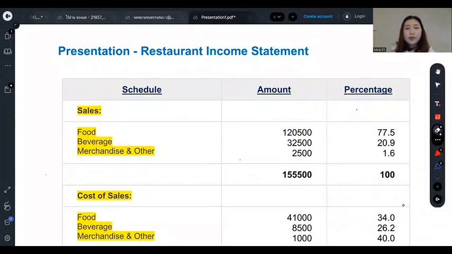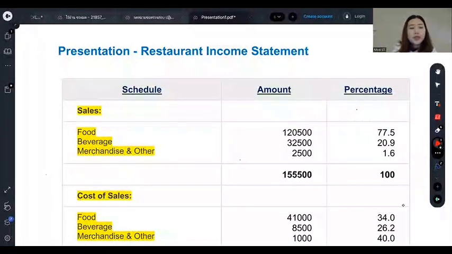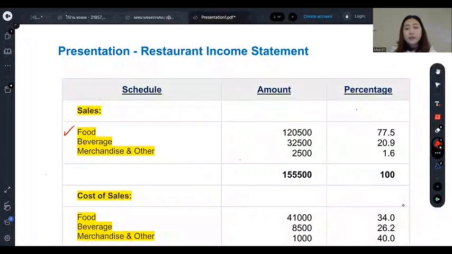Of the restaurant in this period, with the sales. There are three parts of sales. The first one is food. The food sales include the sales of meals, soft drinks, juice, and other non-alcoholic beverages, and the sales are 120,500.